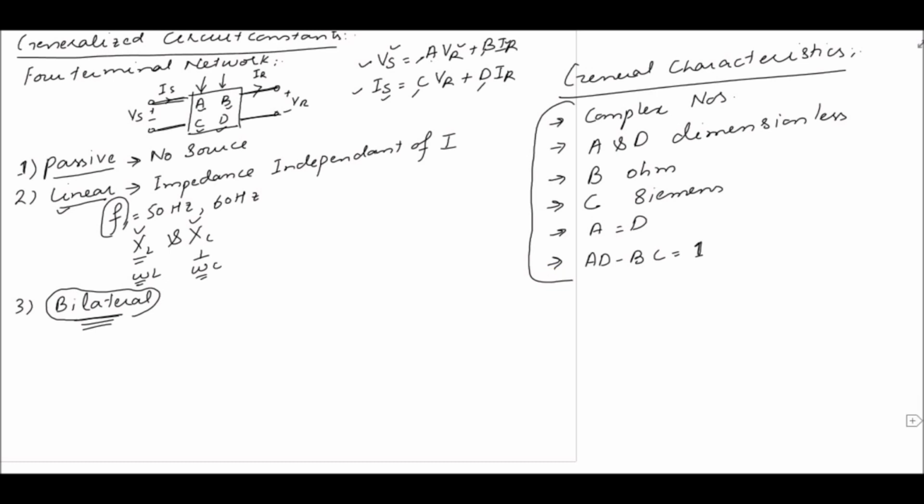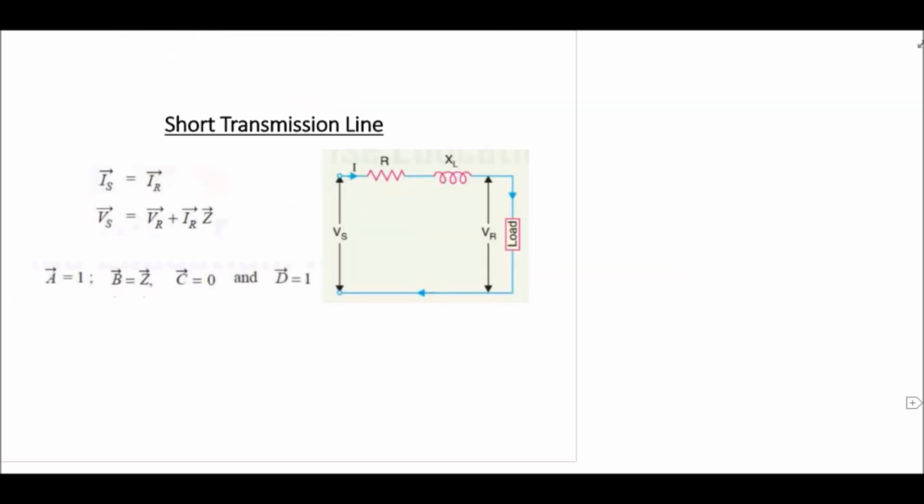Now let's take an example of a short transmission line. For a short transmission line we have resistance and inductive reactance. We do not have any capacitance in the shunt branch because it is neglected in the short transmission line. If we write the equations for this circuit, the sending end current is equal to the receiving end current.